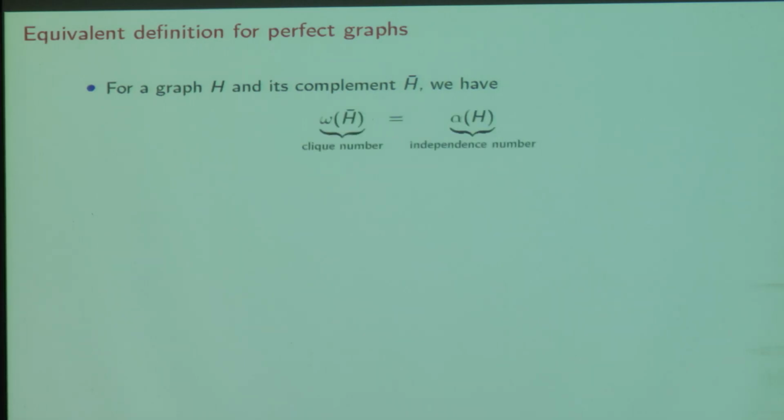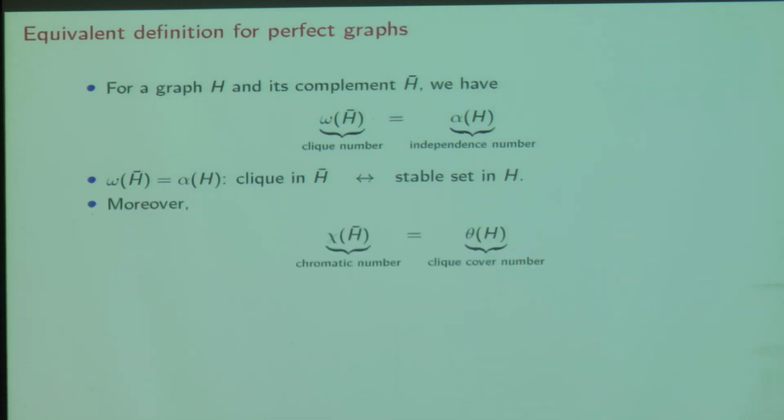We have this relationship: the clique number in the complement is equal to the independence number, that is the maximum size of an independent set or a stable set. A stable set and independent set have the same terminology. That is because a clique in the complement is equivalent to a stable set in the original graph.